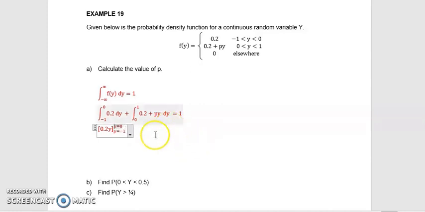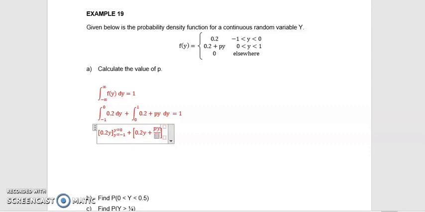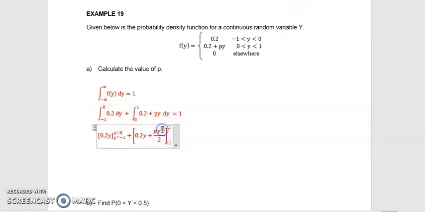Then plus, integrate 0.2 plus py dy, we will get 0.2y plus py squared over 2, with y equal to 1 as upper limit and y equal to 0 as lower limit. The total should be equal to 1.